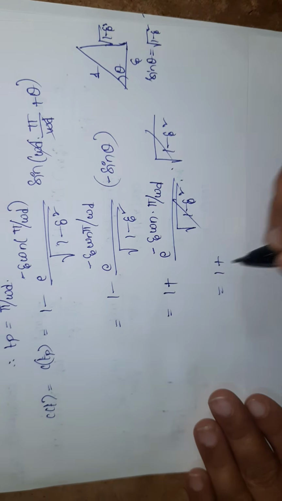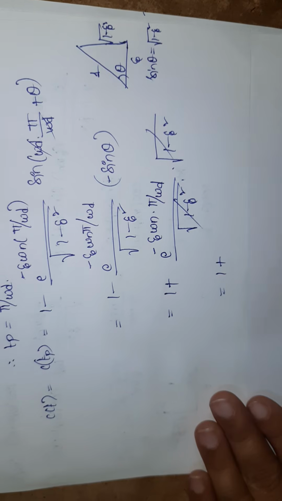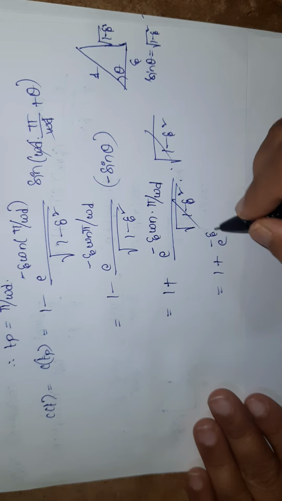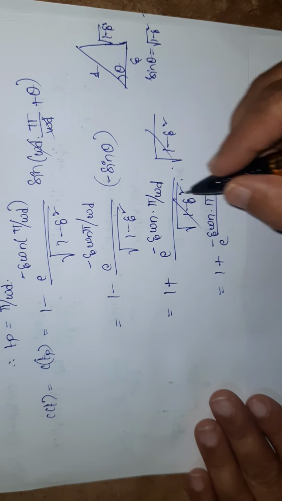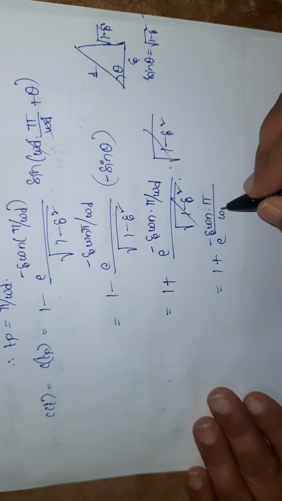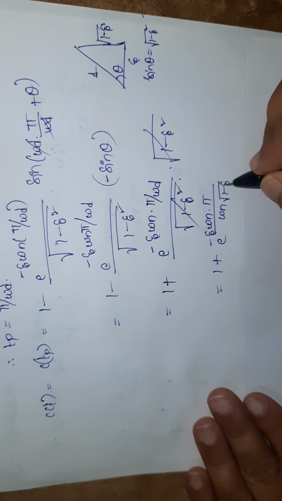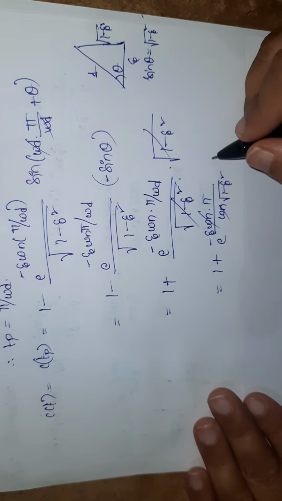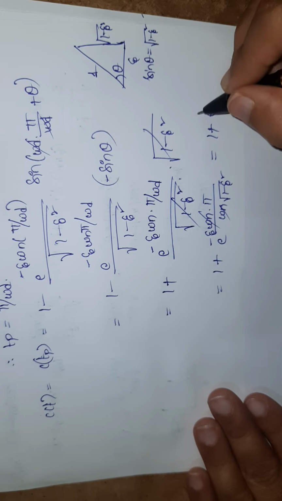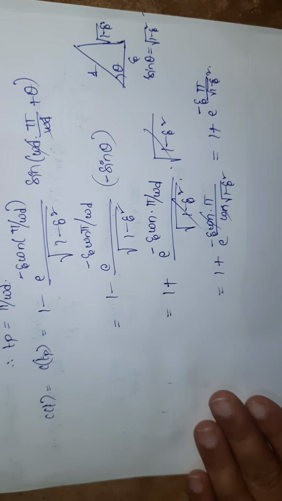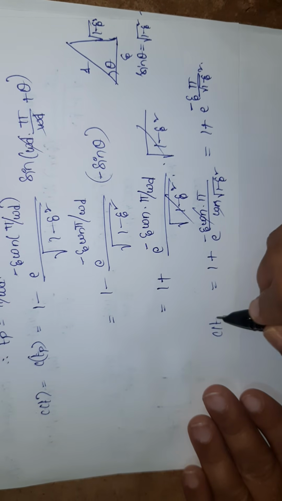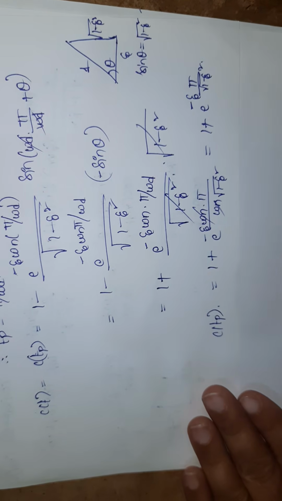So I will get 1 plus e power minus zeta omega n into pi divided by omega d, and what is omega d? It can be written as omega n into square root of 1 minus zeta square, and omega n will get cancelled. I will get e power minus zeta pi by square root of 1 minus zeta square. This is c of Tp.